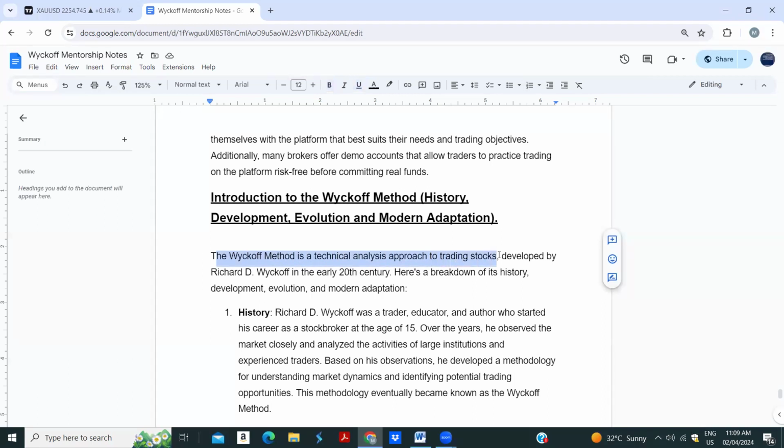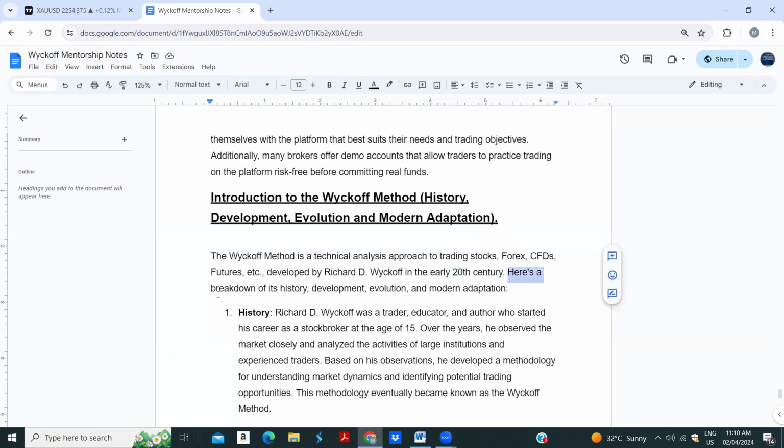So remember that the Wyckoff method is a technical analysis approach to trading stocks, forex, CFDs, futures, etc., developed by Richard D. Wyckoff in the early 20th century.